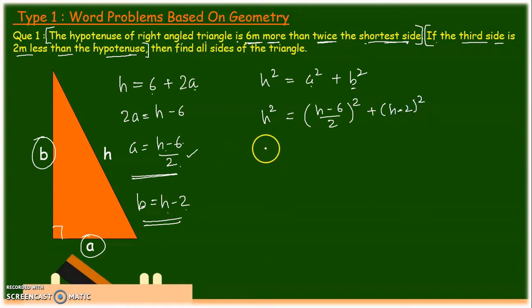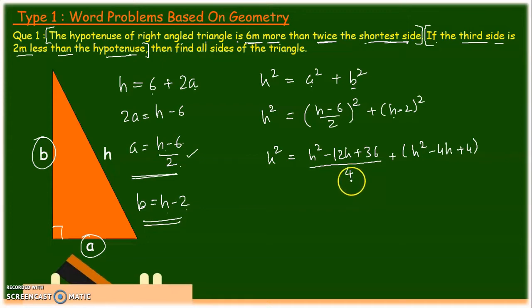Now if you simplify it, you will get one quadratic equation. This is h square. Here if you use the formula of a minus b whole square, it becomes h square minus 2ab, so it will be 12h plus b square, that is 6 square, 36, divided by 2 square, that is 4, plus here again use the formula of a minus b whole square, so it becomes h square minus 4h plus 4.